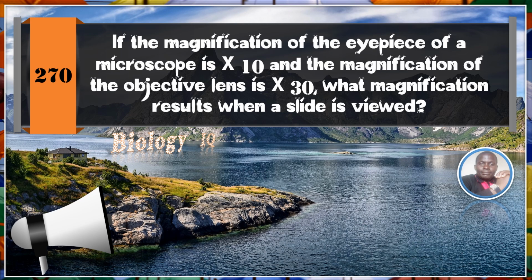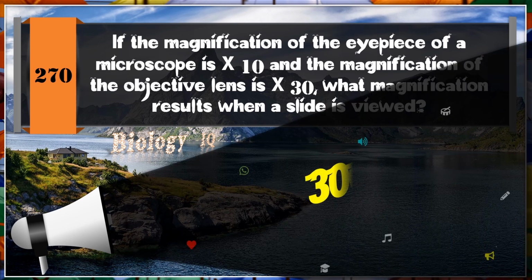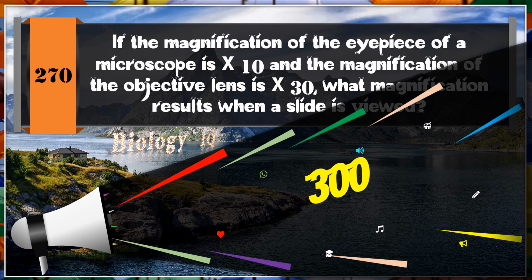If the magnification of the eyepiece of a microscope is 10 and the magnification of the objective lens is 30, what magnification results when a slide is viewed? 300.